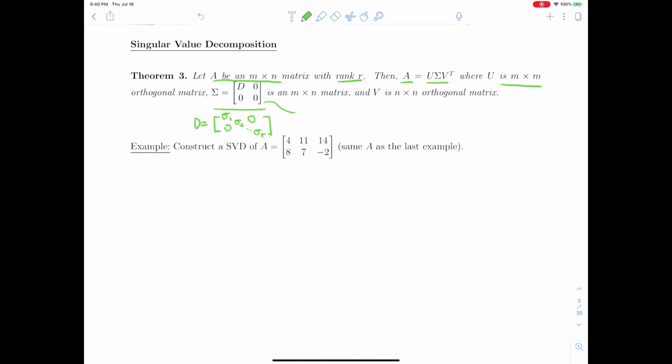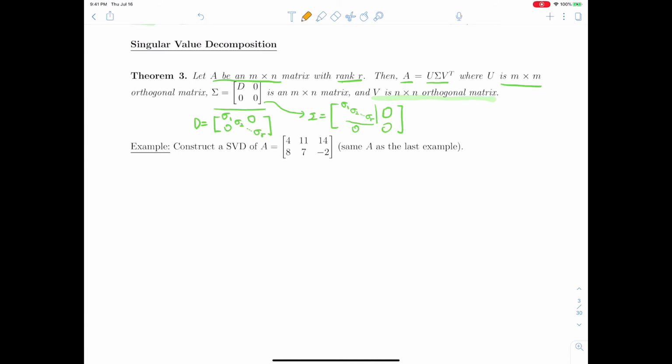So basically, this means that sigma is a partitioned matrix with sigma 1, sigma 2, through sigma r, and the rest are zeros. And V is an n by n orthogonal matrix.